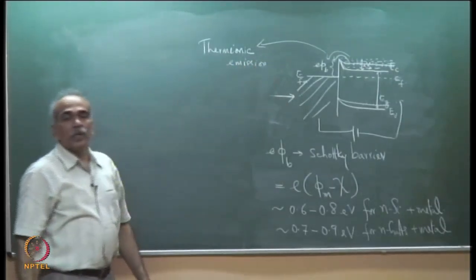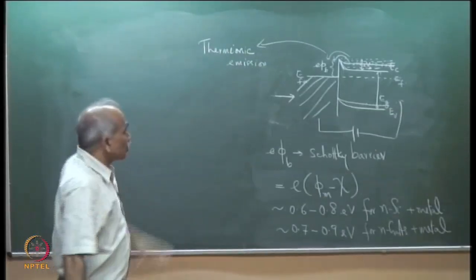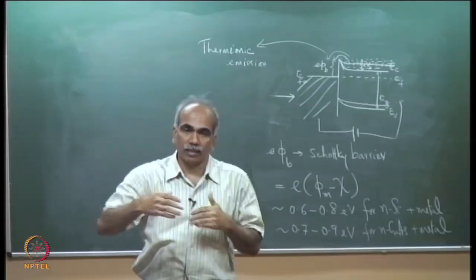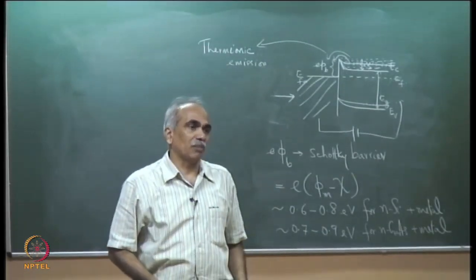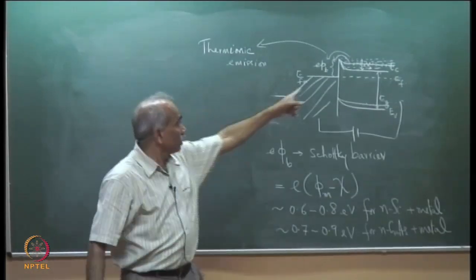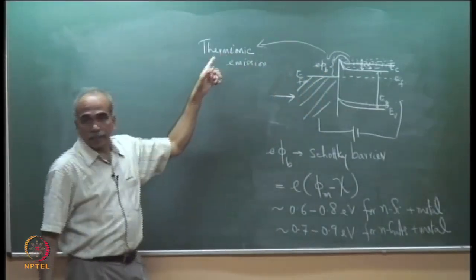We have studied thermionic emission where electrons are emitted from a heated filament. It's not necessary that they need to be emitted, it has to come out of a barrier. There is a potential barrier, and jumping over a barrier is actually thermionic emission. Not necessarily do you leave the material and go. So this is jumping over a barrier, hence the name thermionic emission.